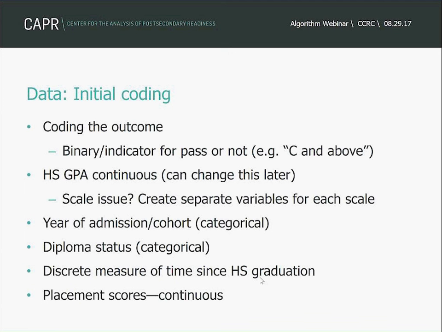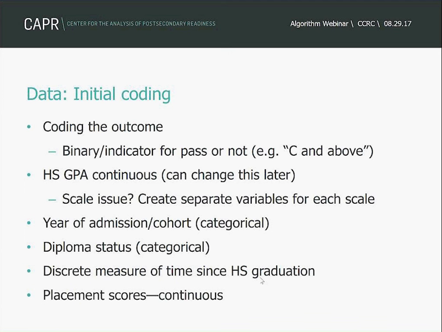For students who have the 4-point scale, the GPA 100 variable is just missing, and you can have an indicator there. And for students who have the 100-point scale, the 4-point GPA variable will be missing for them. So you can just create two variables.